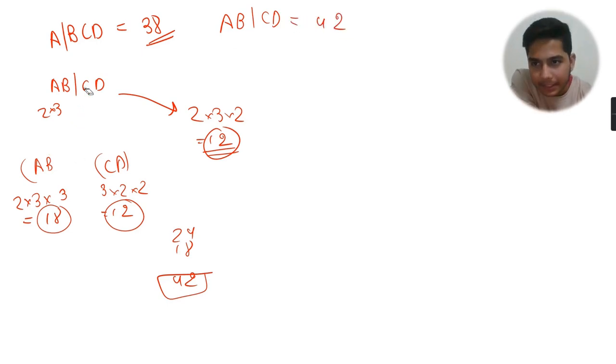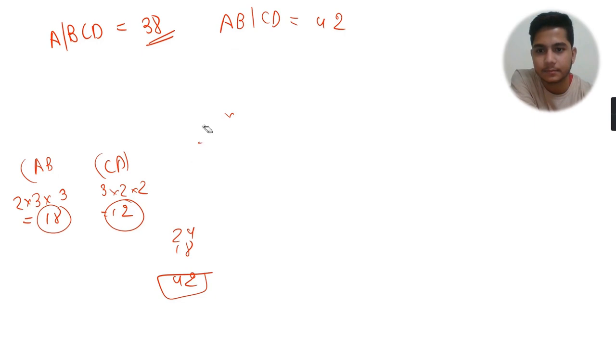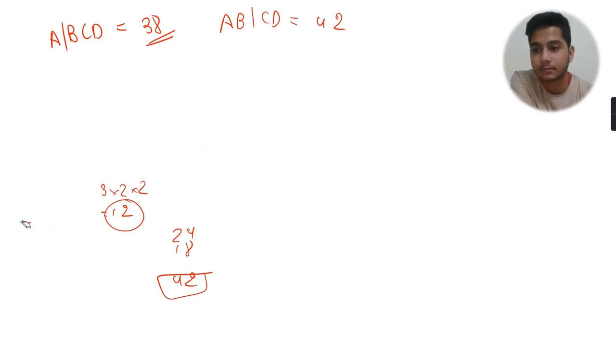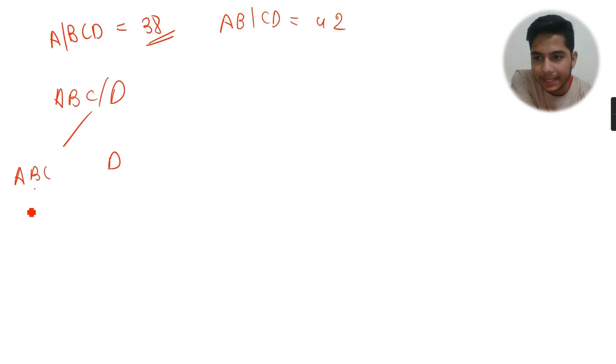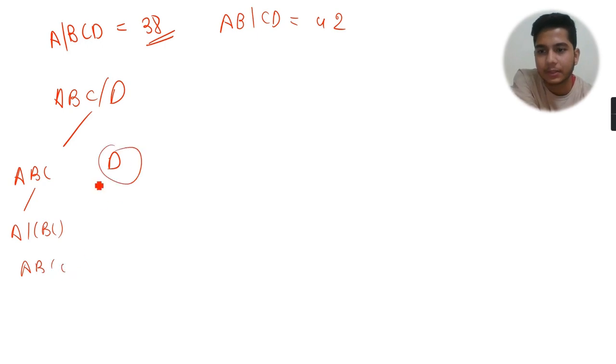Now let's calculate for ABC/D. For ABC, we'll break it down into A into BC or AB into C, and for D we only have this one.